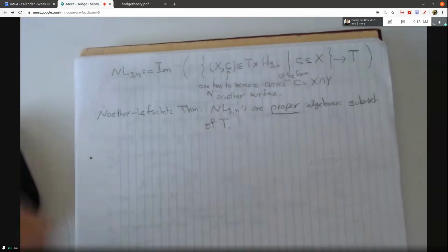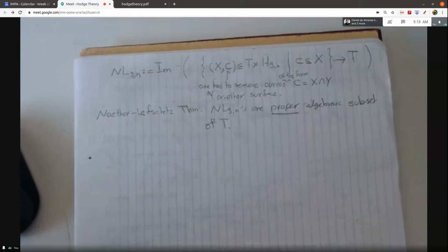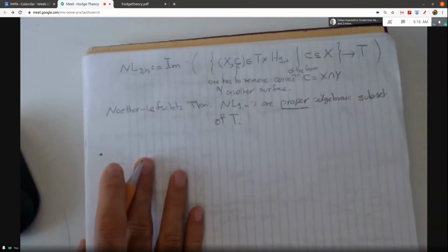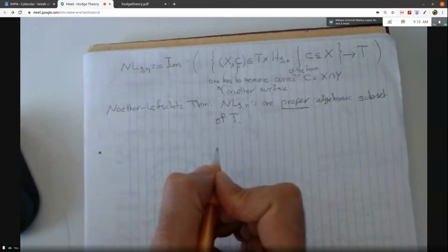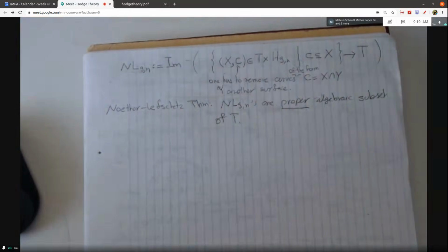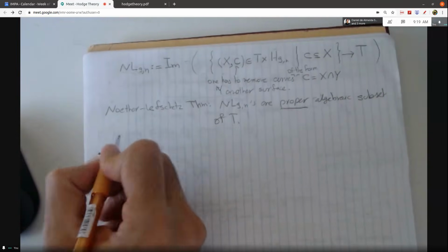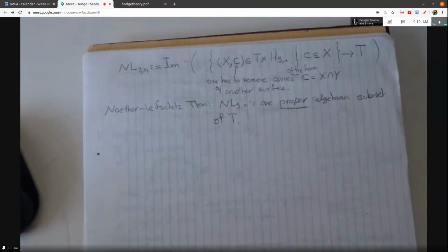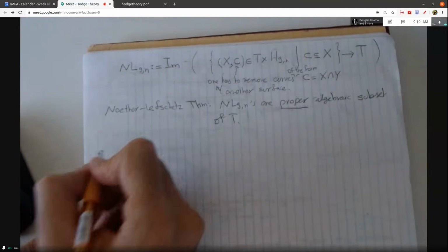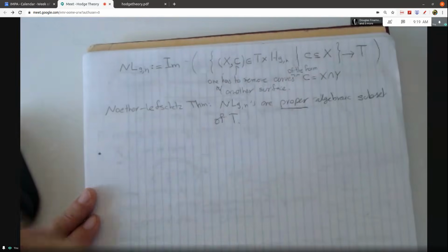And again, there was some confusion in the previous lecture. I think let's just skip some details, and at the end, from all this, what I need is this. Just imagine that the Noether-Lefschetz theorem is not true.